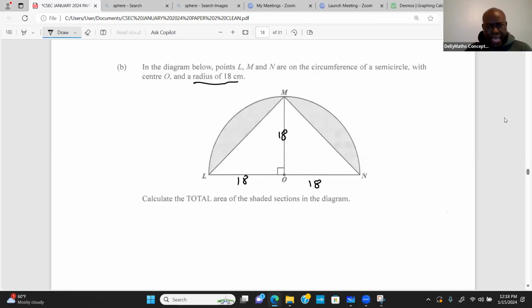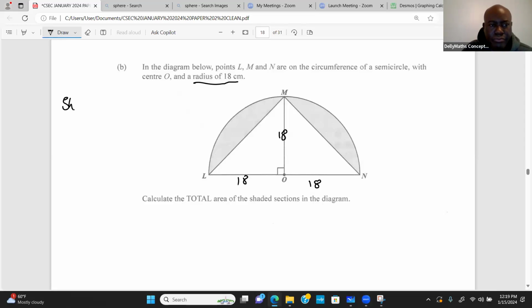Now, because of that, we can make a lot of conclusions here. It said calculate the area of the shaded section. So basically, we're going to find the area of the semicircle, find the area of the triangle and subtract.